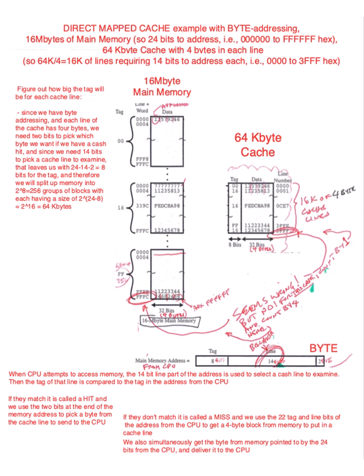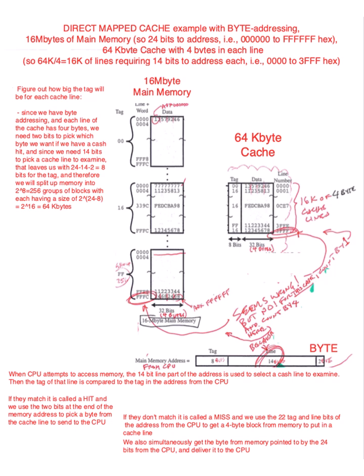This is how this works for direct map. So you might look at that again. There's another lecture, handwritten, coming after this. But that's the gist of the difference here. Therefore, we will split up memory into 2 to the 8 equals 256 groups of blocks, with each having a size of 2 to the 24 minus 8 equals 2 to the 16 equals 64K bytes. You might want to look at that over and over again to make sense of that.